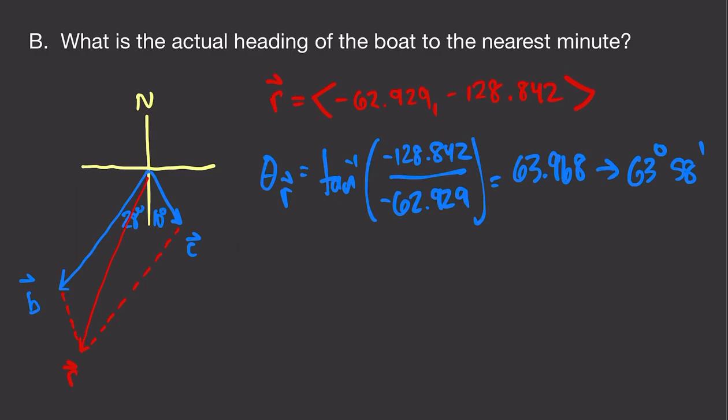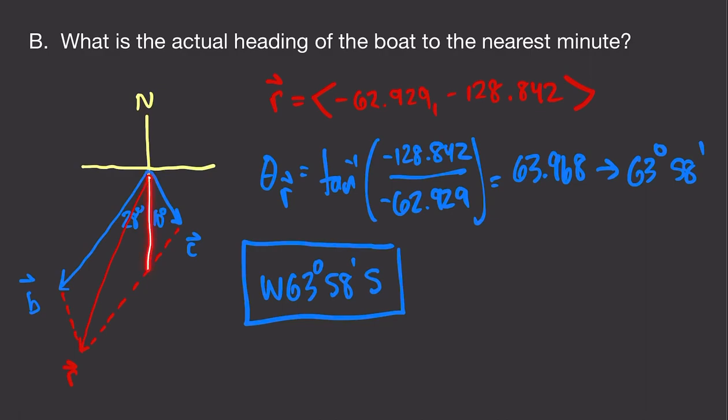So there's a couple ways you can express your heading. If you want to use that angle, I could say, well, hey, that's going to be west, 63 degrees, 58 minutes, south. That's probably the easiest thing to do, and that's probably how I would do it. But there's another option. If you want to list your south first, you'd have to get this angle there, which is simply going to be 90 minus this.